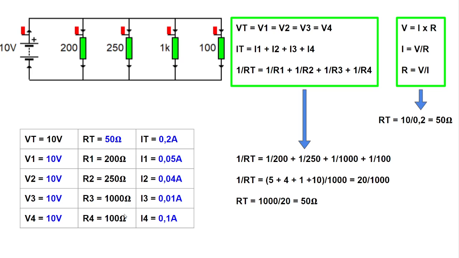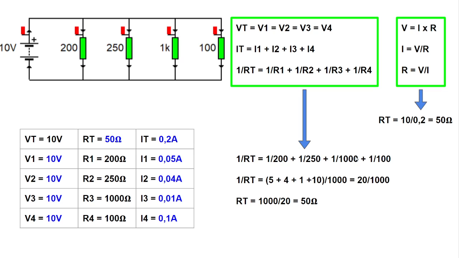I see these are all the resistances, but the inverse, 1 divided by the resistance. So to sum up fractions with different denominators, I will have to find the lowest common multiple of all of them. In this case, that number would be 1000, to make equivalent fractions with the same denominator.